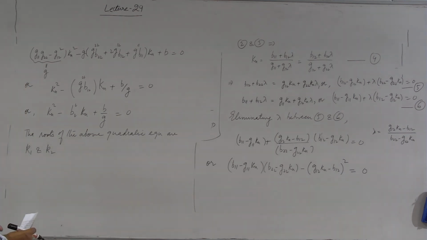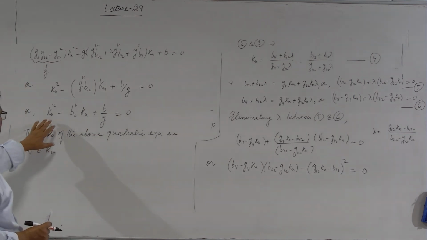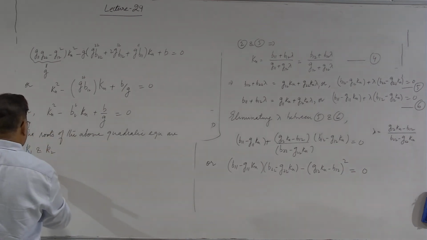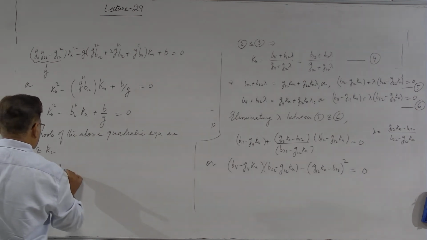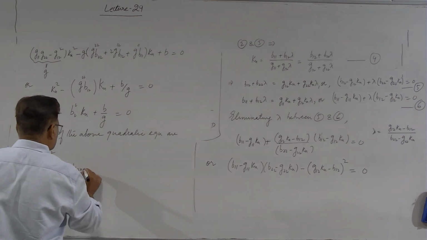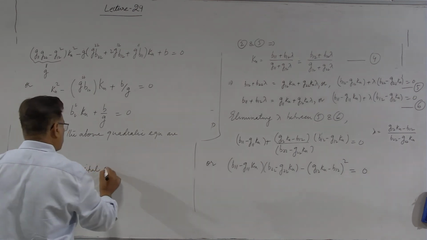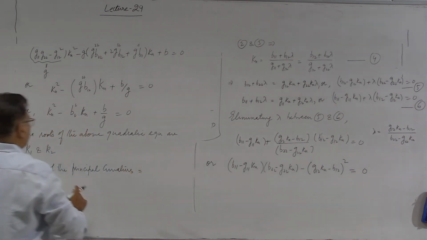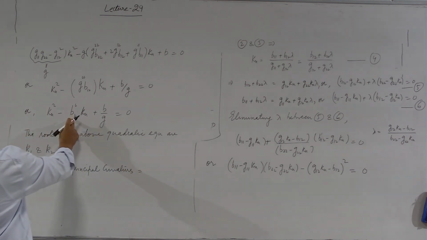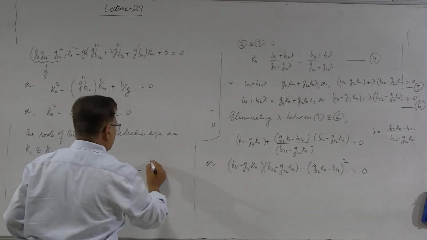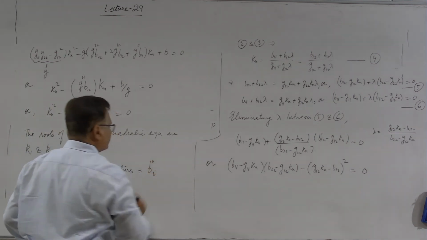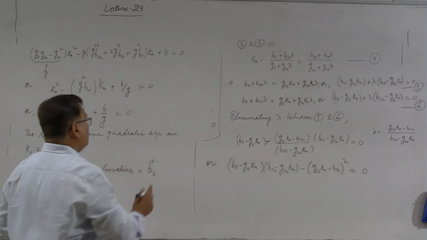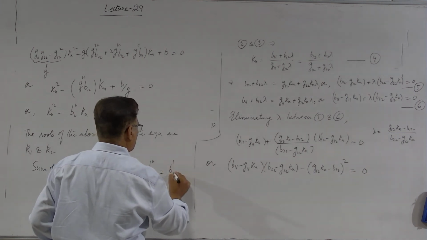Now, what is interesting to note is the sum of the principal curvatures, equal to this quantity minus times upon this. So it will become simply Bii, that is B11 plus B22, when you take the sum over i.